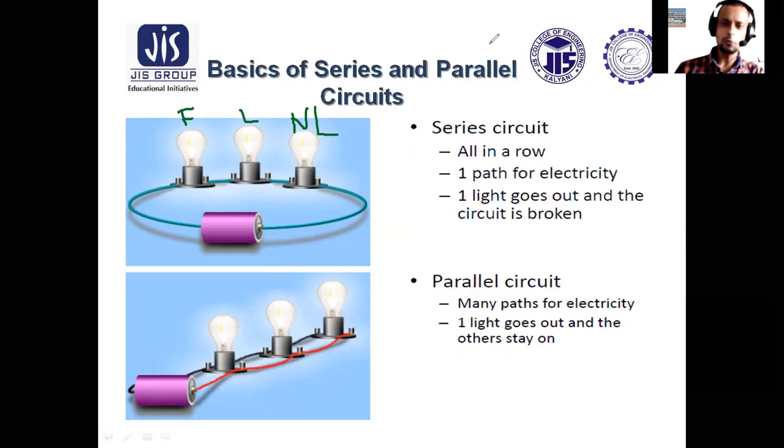Now you all may know a night lamp takes very little current, whereas a bulb takes a moderate amount of current and a fridge takes high current. There is a single path for current to flow, so the same current will be flowing through all these three loads.